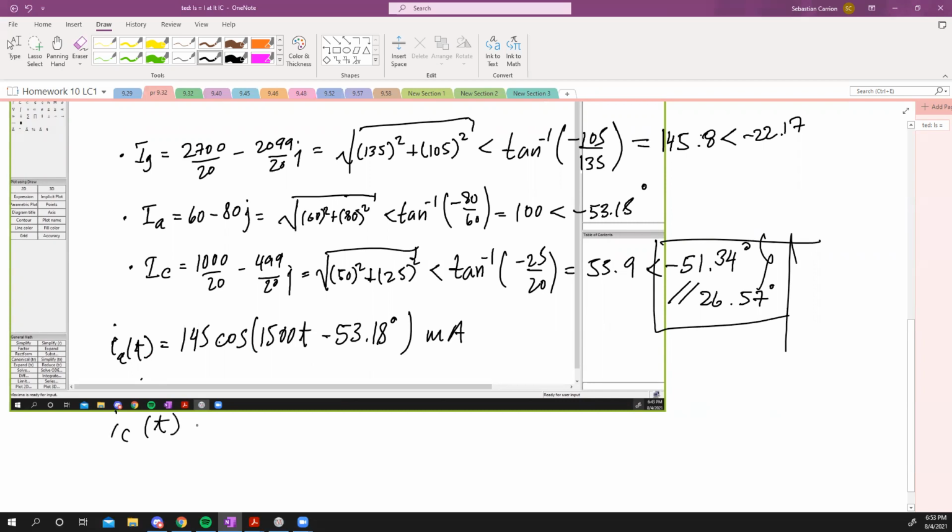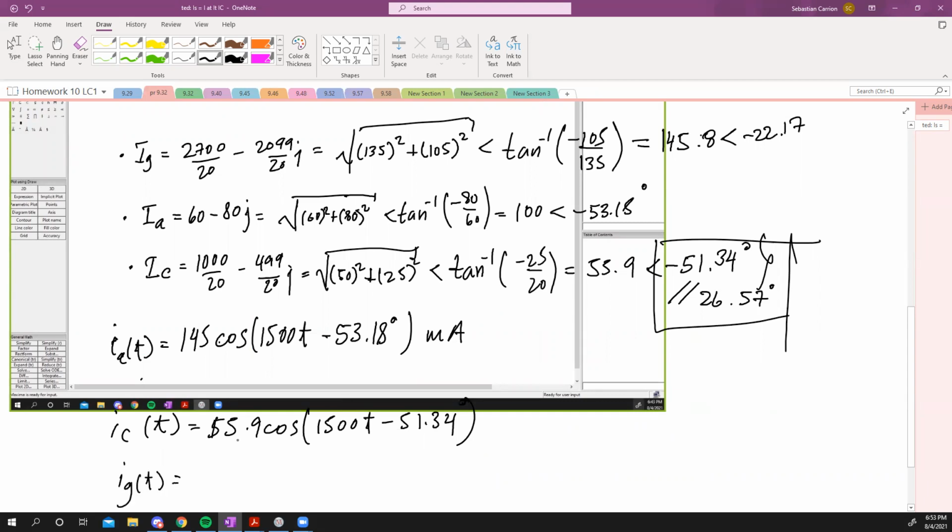IC would be 55.9 cosine 1500t, either minus 51.34 or plus. I'm going to leave it as minus 51.34 because I stand my ground on that problem.